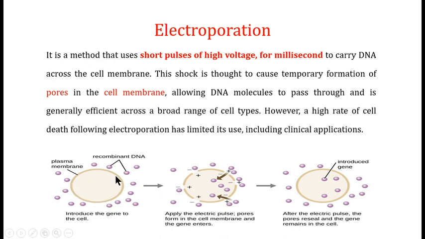When you apply a high voltage to this cell, that high voltage is going to make pores in it, and when the pores are made, the recombinant DNA can enter into the cell, and when it enters, the pores reseal, and the gene of interest remains in the cell, where it can be expressed and produce the protein of interest, so that the cell functions like a normal cell.